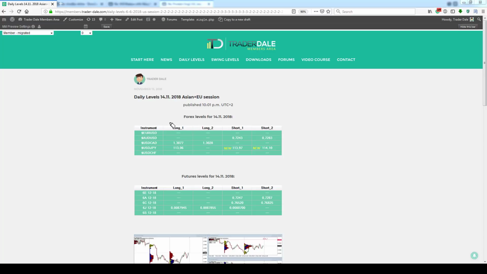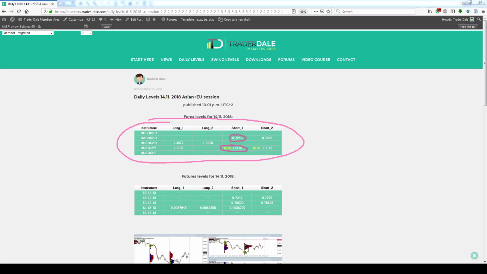So for example, this day there were 7 levels published, but only 2 levels got hit by the price. It was a short on the Japanese yen, this level, and a short on the Australian dollar US dollar, this one. The other levels did not get hit.